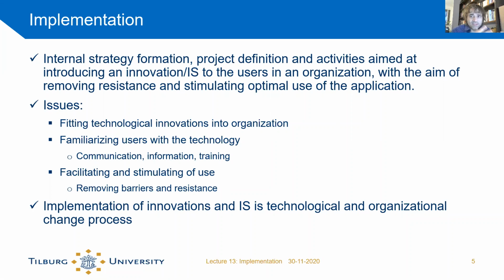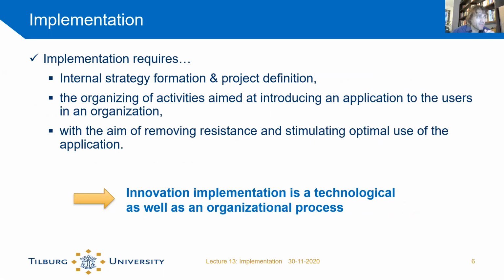So basically what this means is that innovation is as much a technology thing as an organizational thing. And basically implementing something in an organization is more an organizational thing than simple technology. So what you have to do, you have to plan that well.